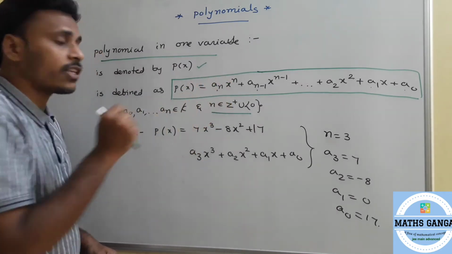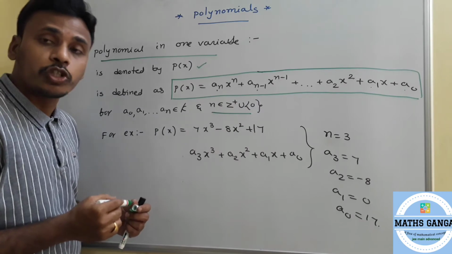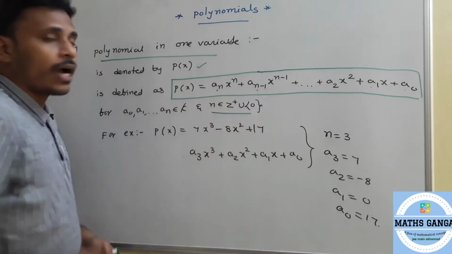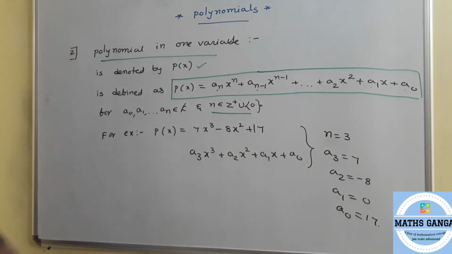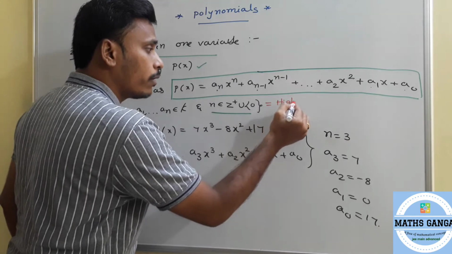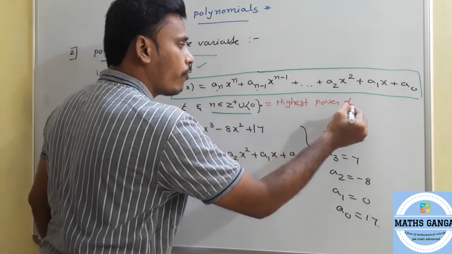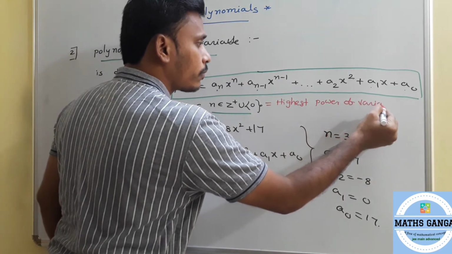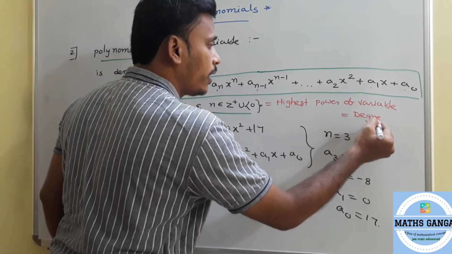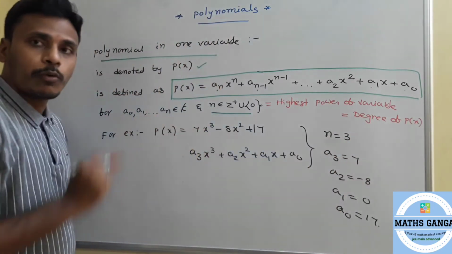This n should be an integer, a positive integer or 0, that is, a non-negative integer. That n is the highest power of the variable involved in the polynomial, and it is considered the degree of the polynomial.